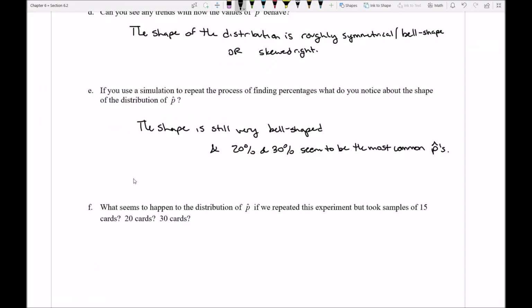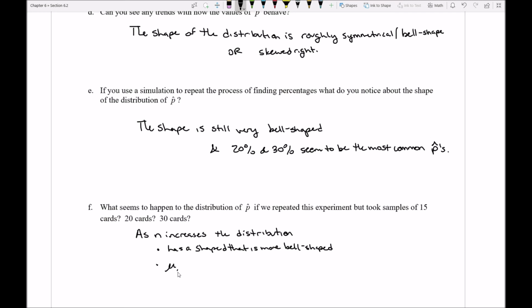So I'm going to go ahead and summarize this here. As n increases, remember n represents my sample size, the distribution has a shape that is more bell-shaped. It starts to become less skewed.